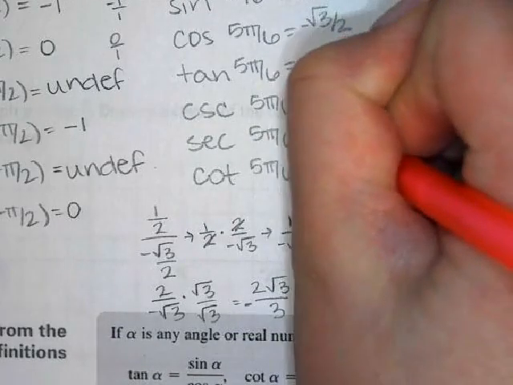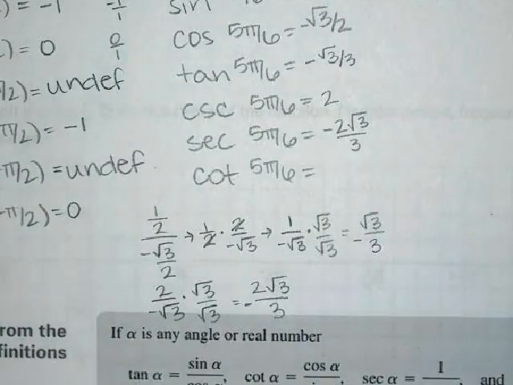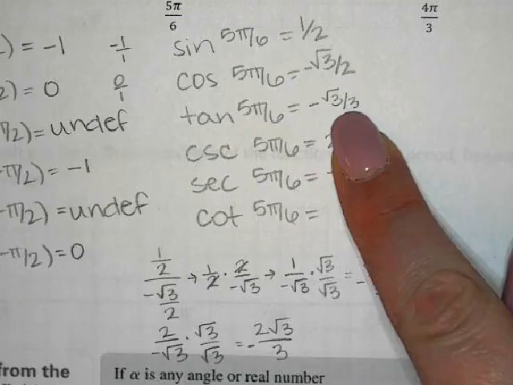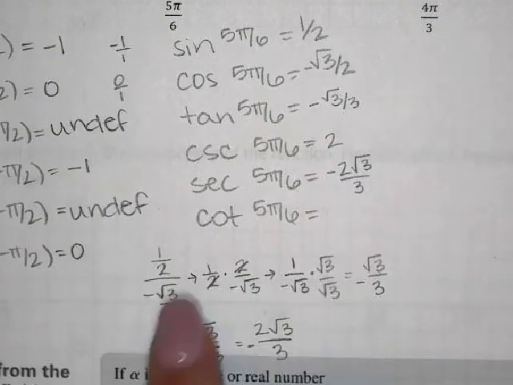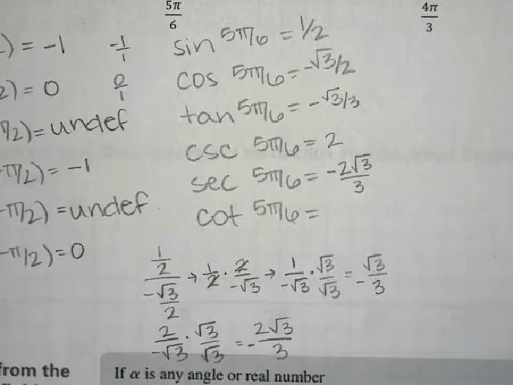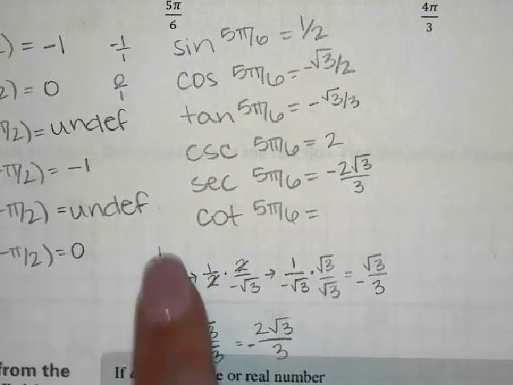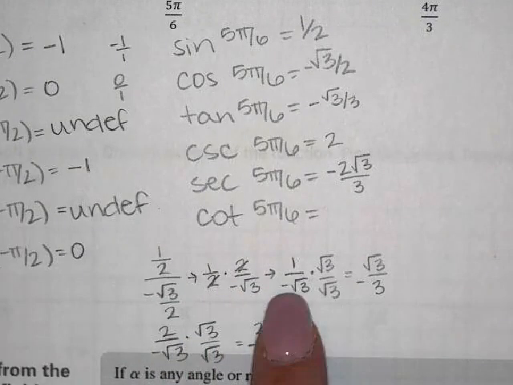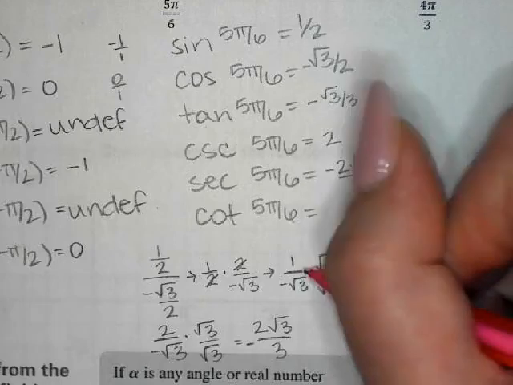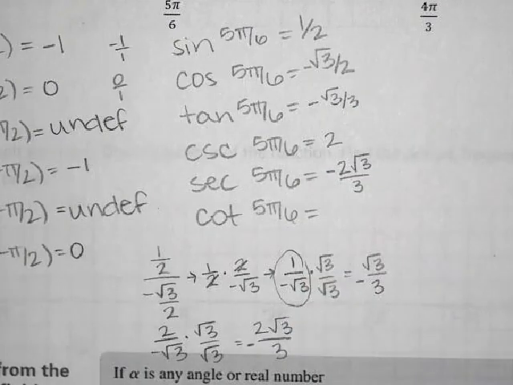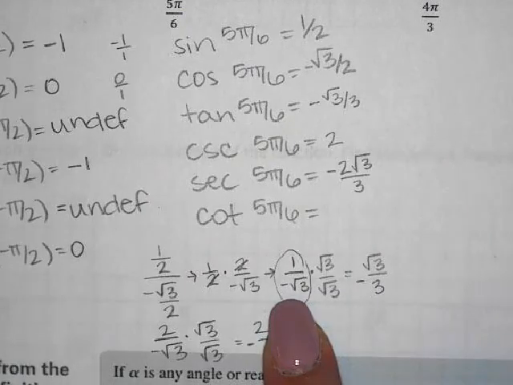Okay? And then for tangent, I can flip this if I want. I would have to fix it. Or I can look in my work and go back and choose which fraction to flip. So I could flip the beginning one. That's going to require some work. The fraction that's going to be the best to flip is this one right here. This is the answer before I fixed it and made it proper. And if I flip this one, it's going to be perfect for cotangent.